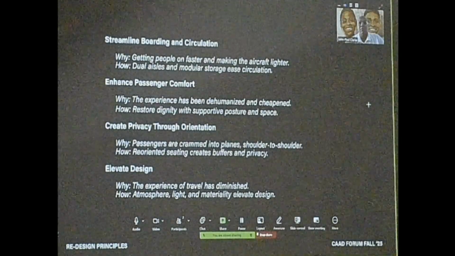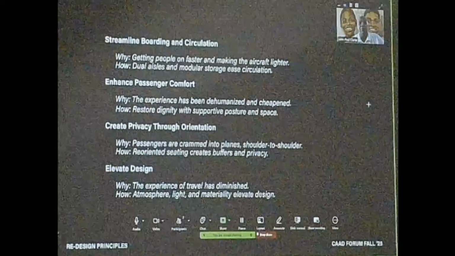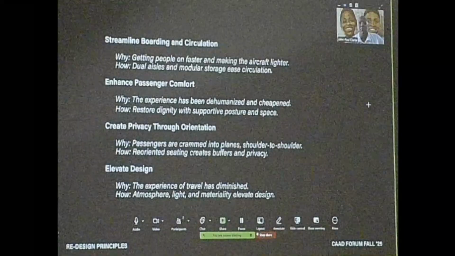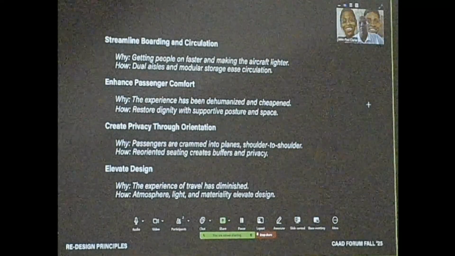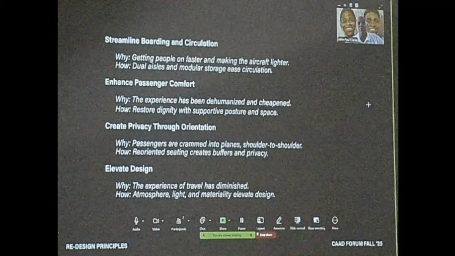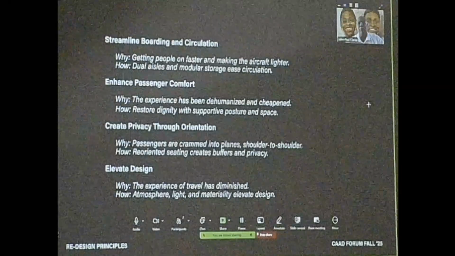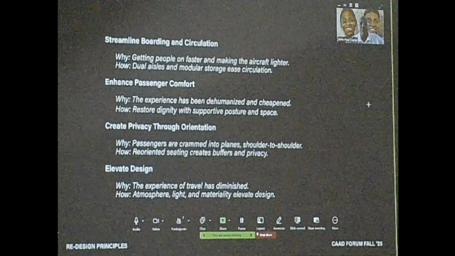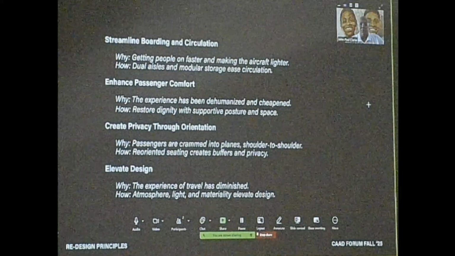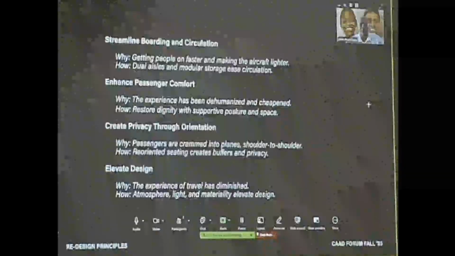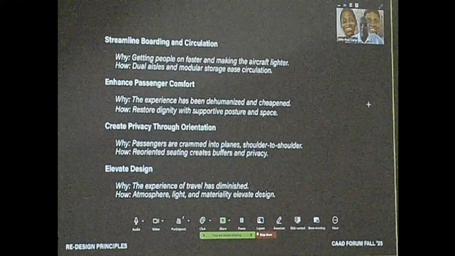The other important exercise that we underwent as a group was to really consider what our redesign principles were. And so we spent a lot of time talking about this. Obviously, the catalyst for the project was really about streamlining boarding and circulation. And we really thought about the why and how behind each one of these principles. And we were thinking about how to make the overall design more sustainable, as well as making the experience better.